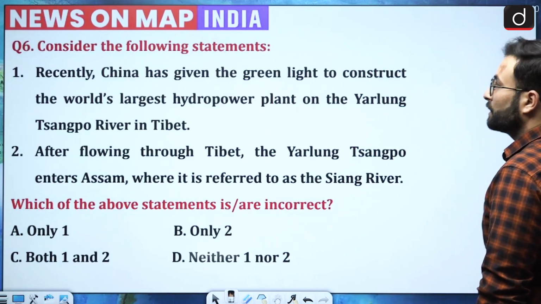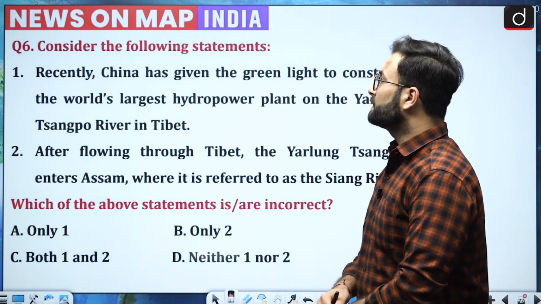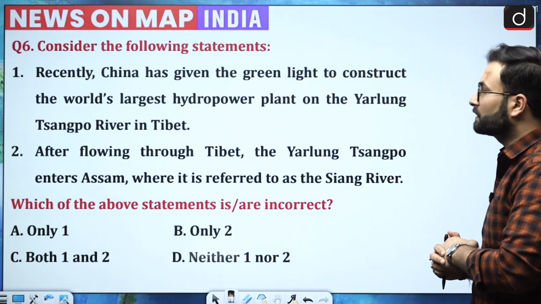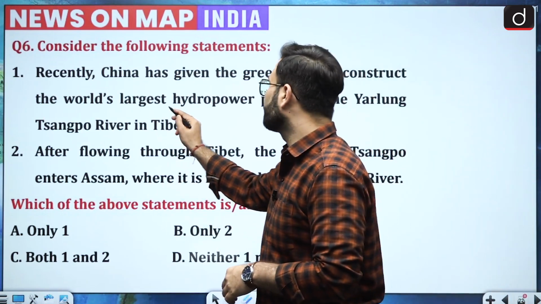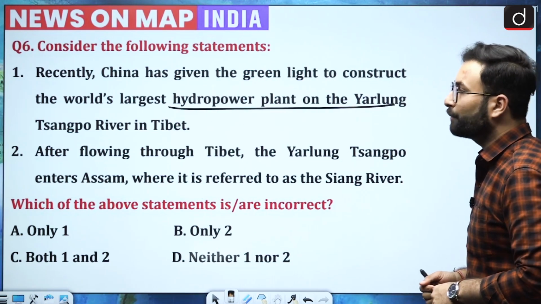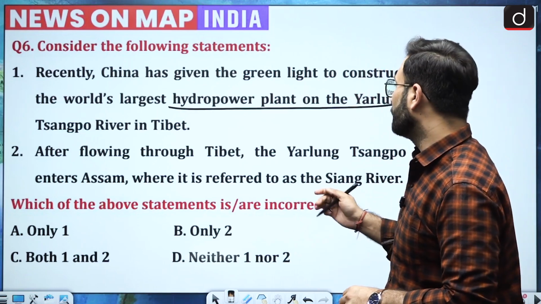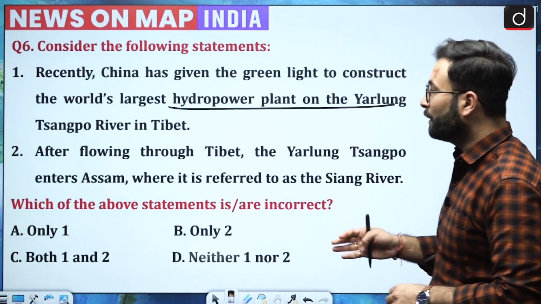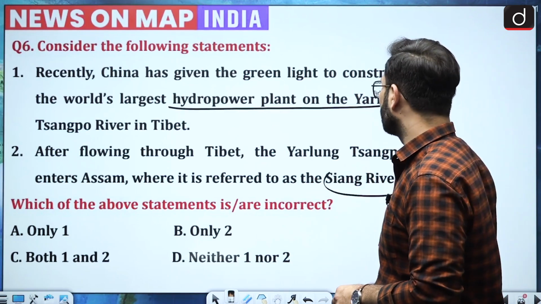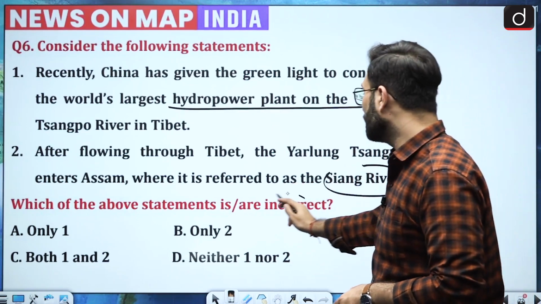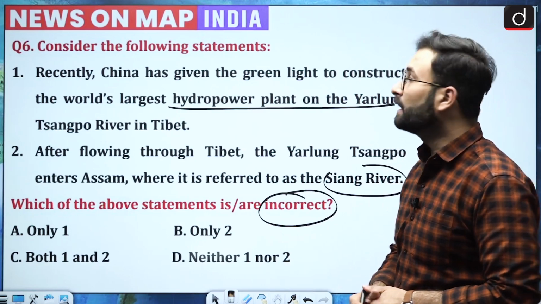Coming to the next one, question number 6, consider the following statements. Recently, China has given the green light to the construction of the world's largest hydropower plant on the Yarlung Sangpo River in Tibet. Second, after flowing through Tibet, the Yarlung Sangpo enters Assam, where it is referred to as the Siang River. You have to choose the incorrect statement. Now let's see.